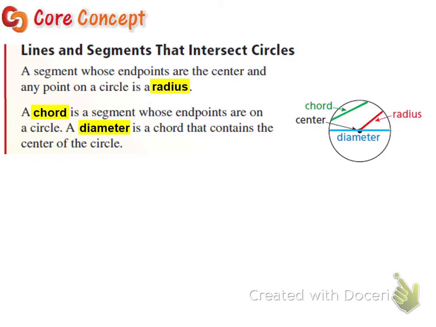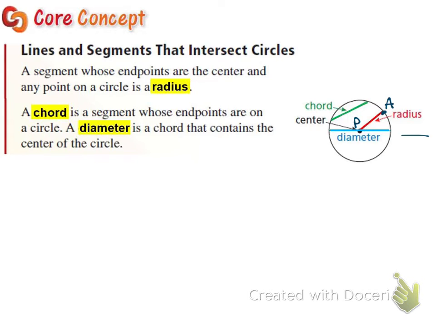So these are segments. Here's why this matters. Whenever you name a radius, you need to name it like a segment. Let's say I wanted to name a radius. How do you name a segment? What does the line look like when I name a segment? Think back to 1.1.